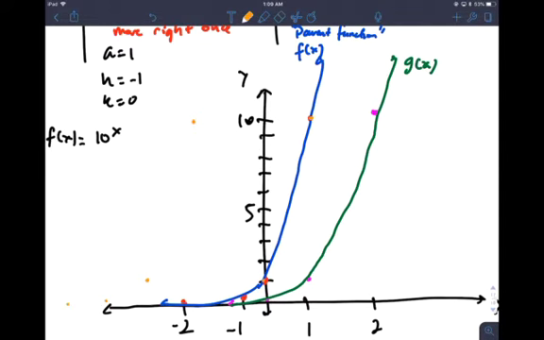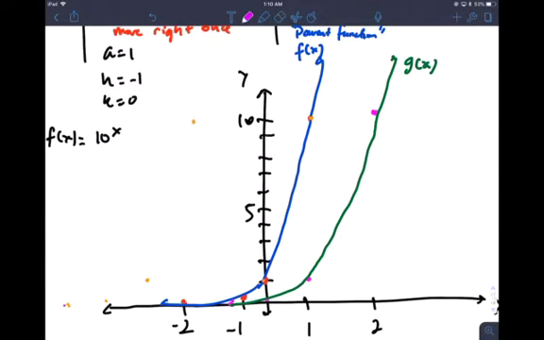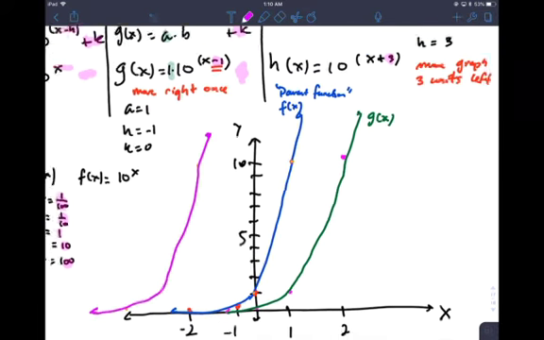Then I see that my graph would be something like this. So notice that's because the parameter here is h.